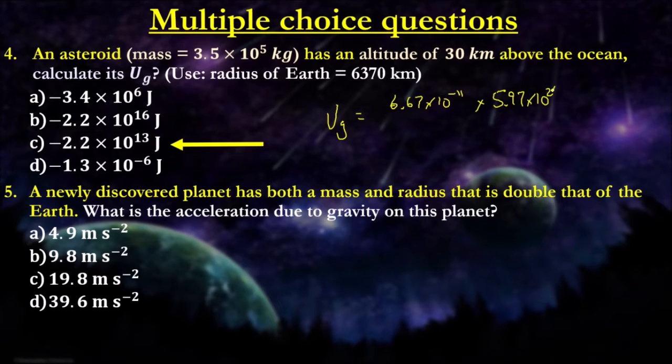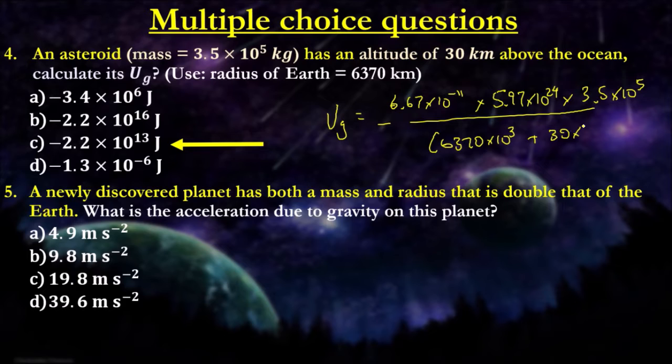So that's on your data sheet if you need the relevant values. And then over R, which would be the radius of Earth plus the altitude we're dealing with. Okay, and that gives us that value there.